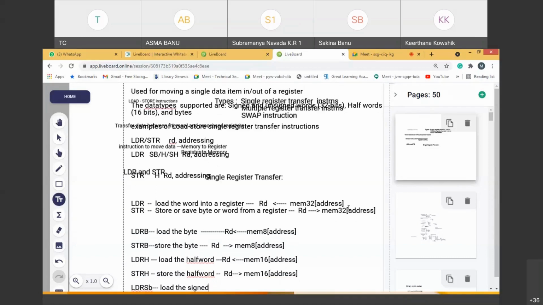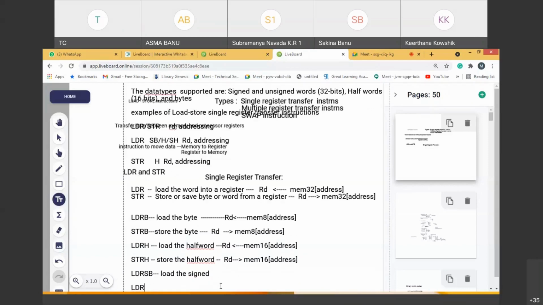When it comes out as a signed number, the load instruction has to handle that. Load SB, B capital here, load signed byte is there. Similarly, I can have store, then I can have load signed half word. So like this you can represent.